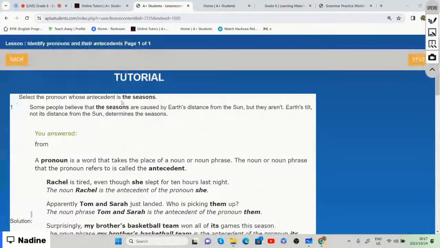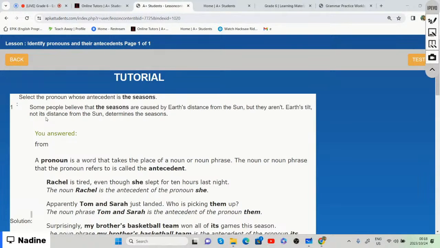So now we're going to select the pronoun whose antecedent is the seasons. Some people believe that the seasons are caused by Earth's distance from the sun, but they aren't.